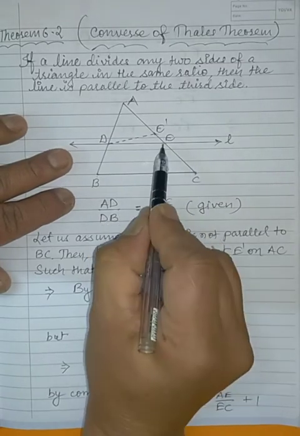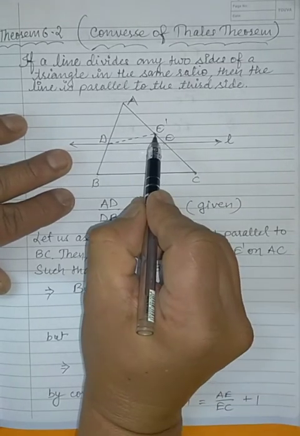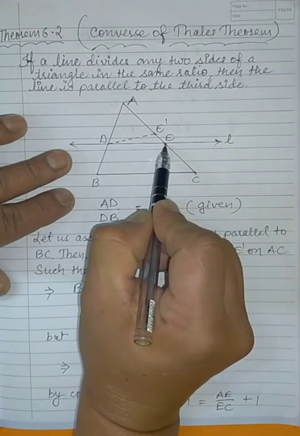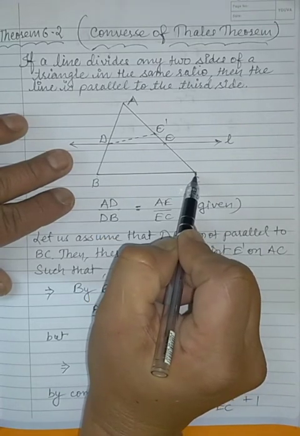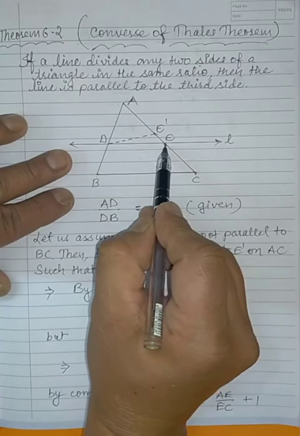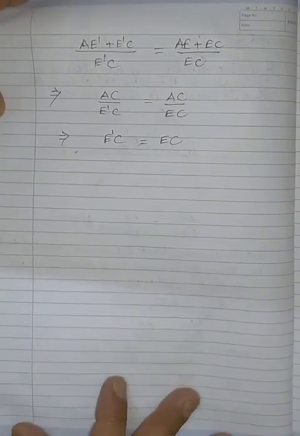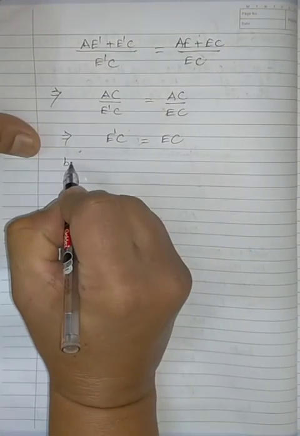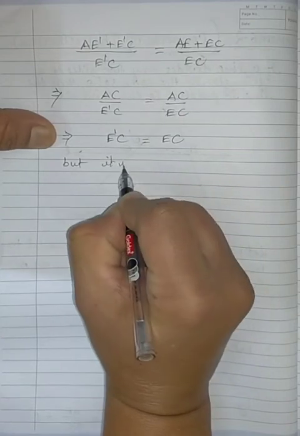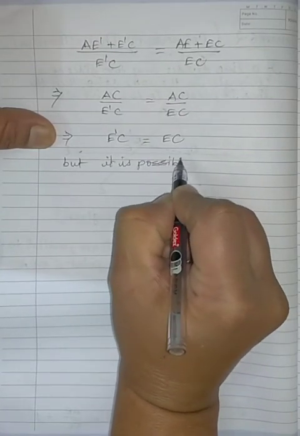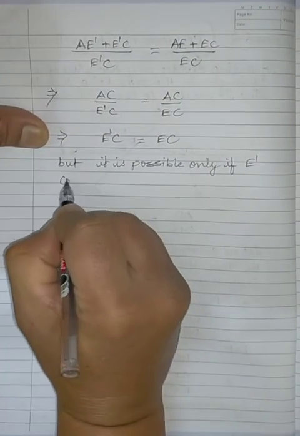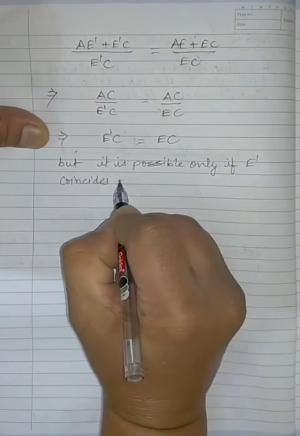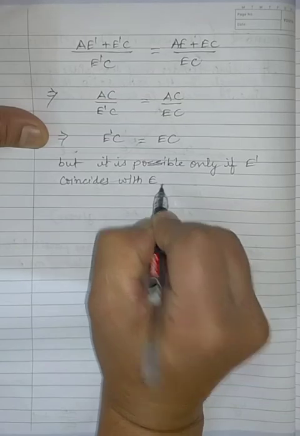E dash C is equal to EC is possible only when E dash coincides with E. It is only possible if E dash falls on E.